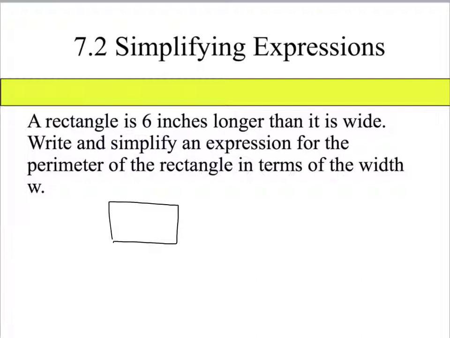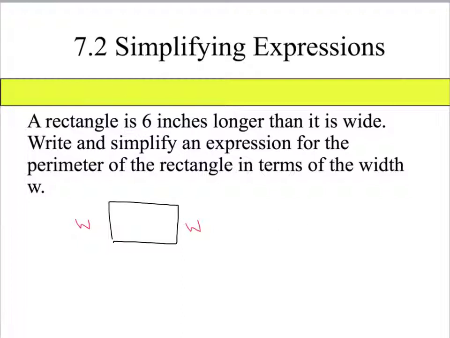Okay, what else can we do here? Well, it says a rectangle is 6 inches longer than it is wide. How wide is it? If we don't know, we're going to toss in a variable. We have no idea how wide it is, and if it's a rectangle, it's a W on both sides.